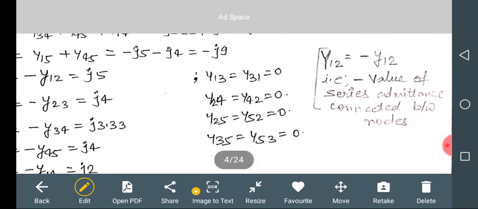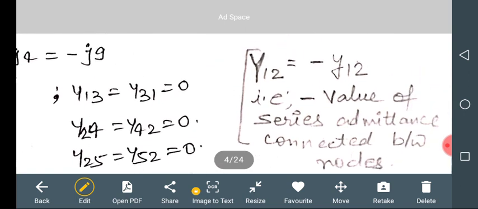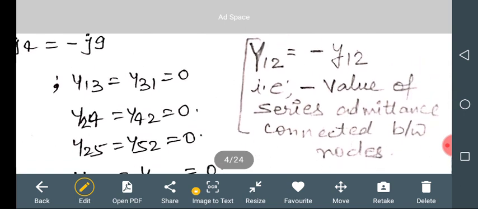Now as we know, the method of writing off diagonal element values is this. For example, if we focus on Y12, that is the off diagonal element admittance value between bus number 1 and 2, it will be equal to minus of the value of series admittance connected between nodes.